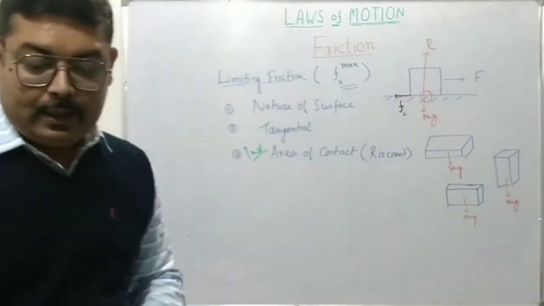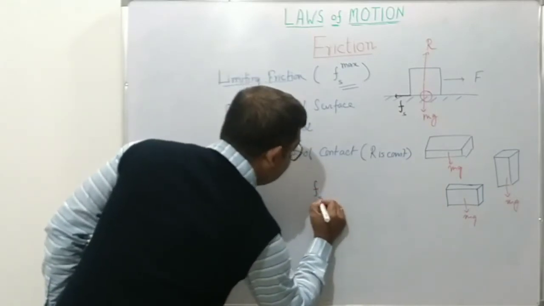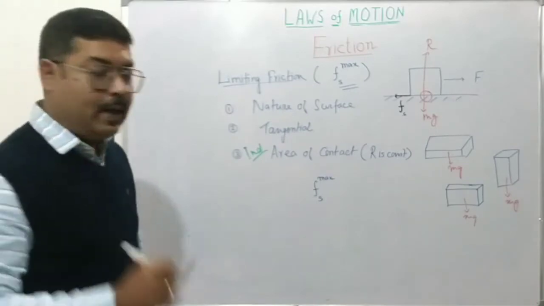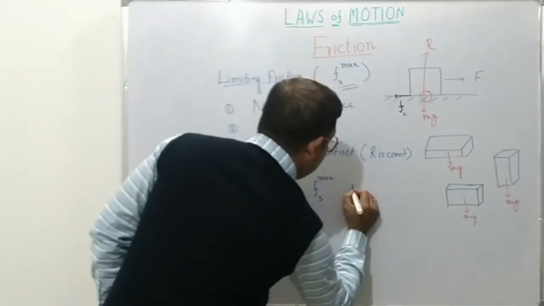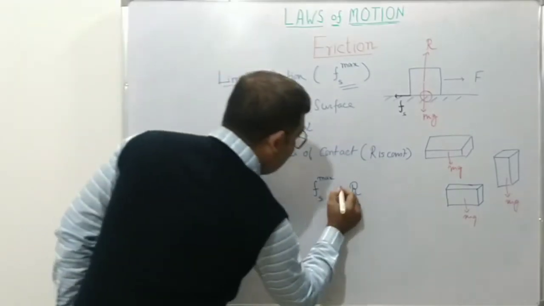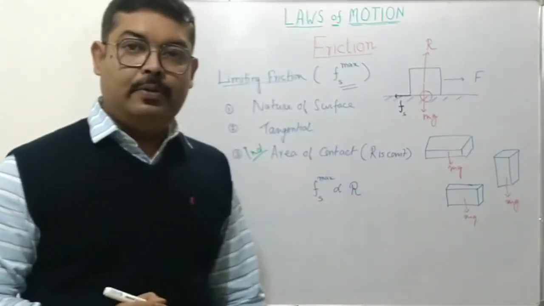Which means that this frictional force, maximum value, that is limiting friction, depends on the normal reaction. And it is found to be directly proportional to the normal reaction.